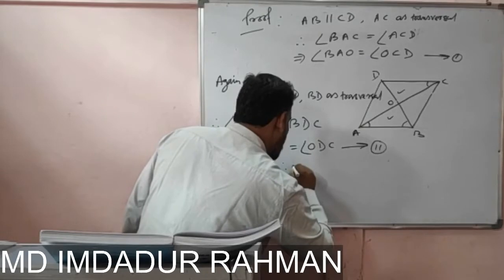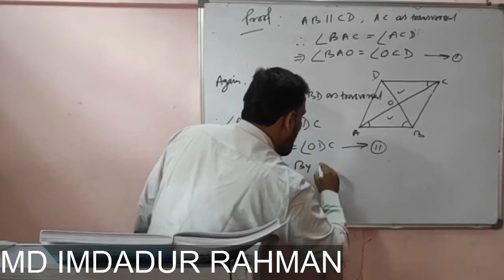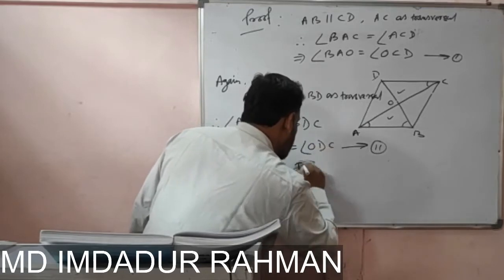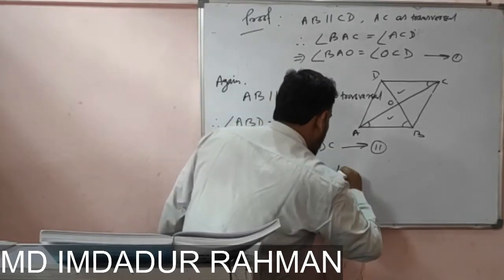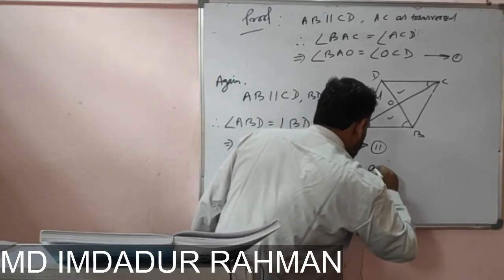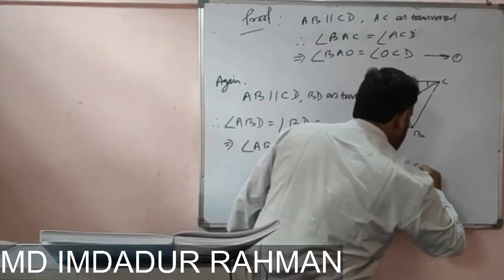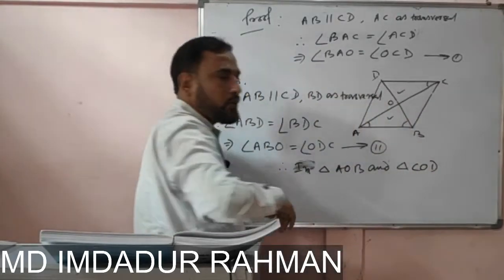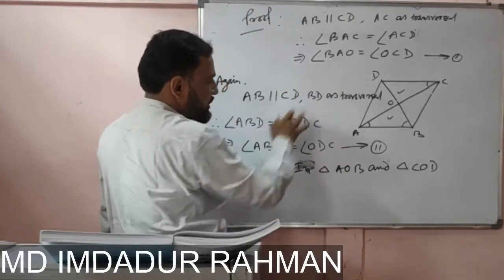Therefore, in triangle AOB and triangle COD, what are we getting? Earlier we marked equations 1 and 2.